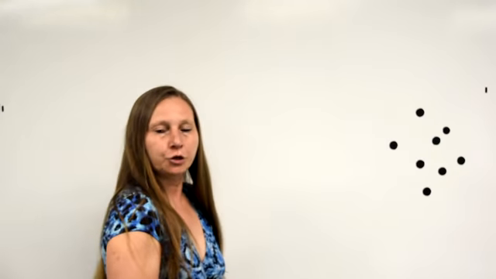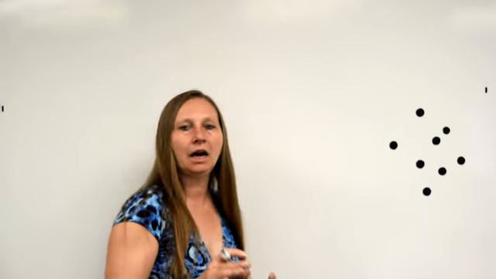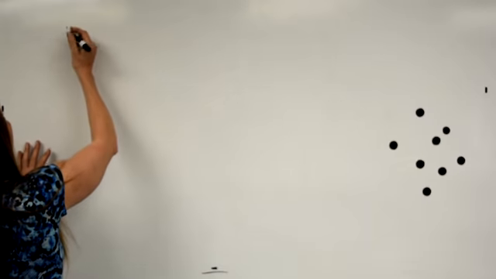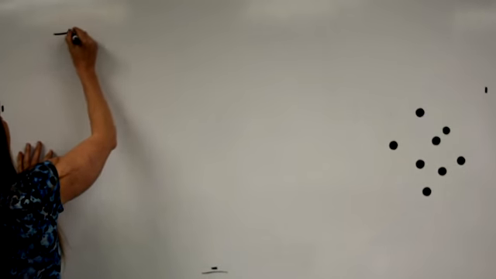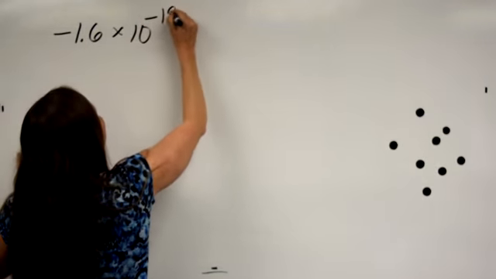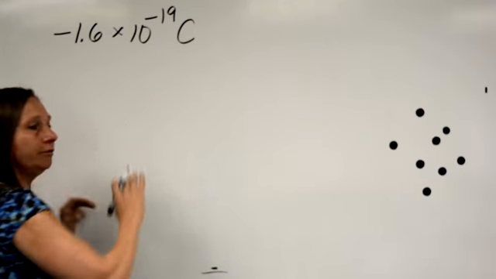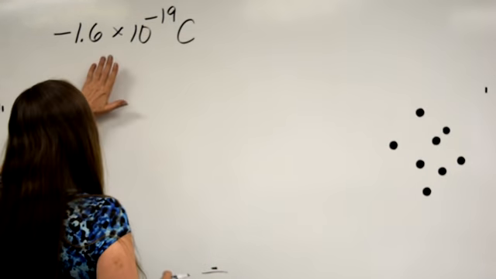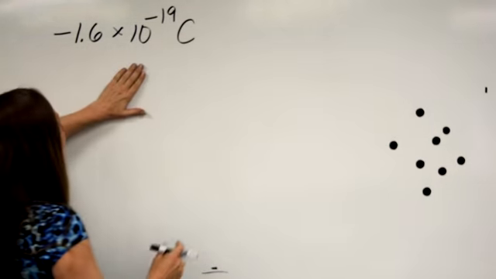So now we know how much charge one electron has. It's a tiny, tiny little number. One electron has negative 1.6 times 10 to the negative 19 of this unit, coulombs. Let's take a look at that number in decimal form.